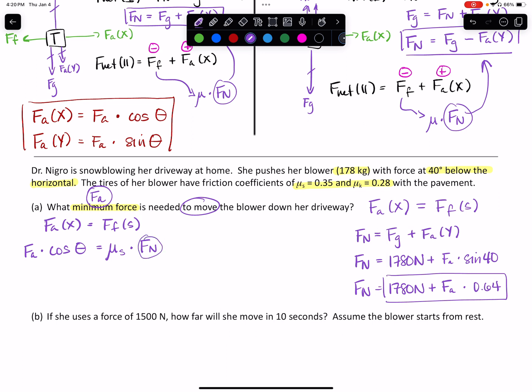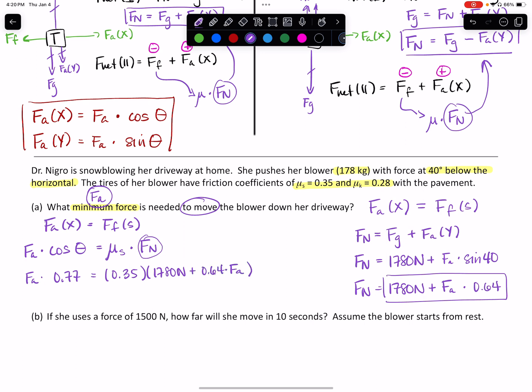So the applied force times the cosine of 40. The cosine of 40 is equal to 0.77. That's going to be equal to mu, which for static is 0.35, times 1780 newtons plus 0.64 FA.